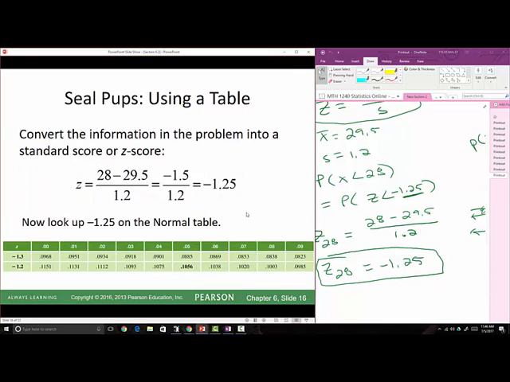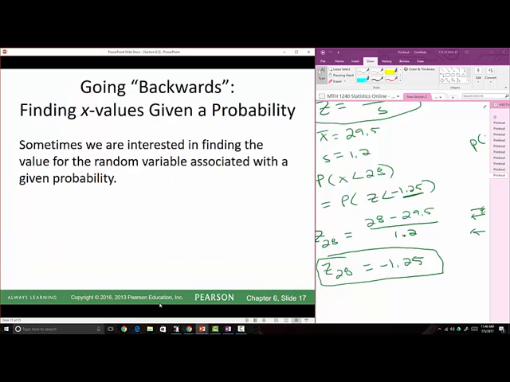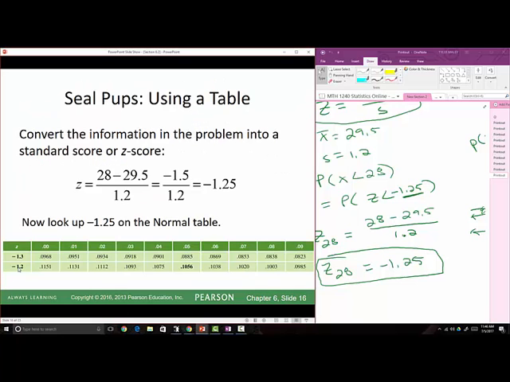If we go to the next page, here's finding the z-score. We already calculated this, and we get negative 1.25. When we're looking for this on the table, we're looking for a z-score of negative 1.2, so I'm looking at that on the left, along the first column.